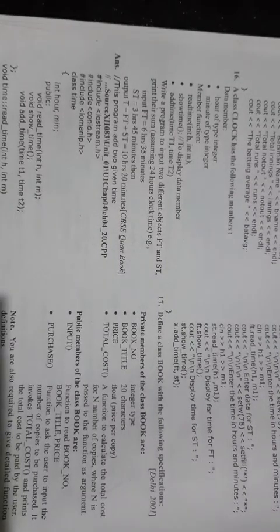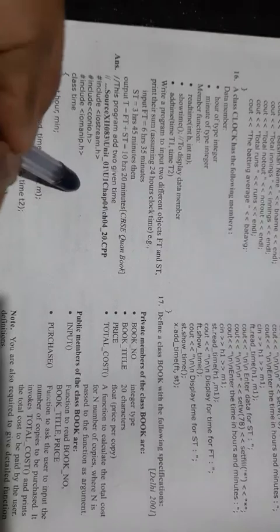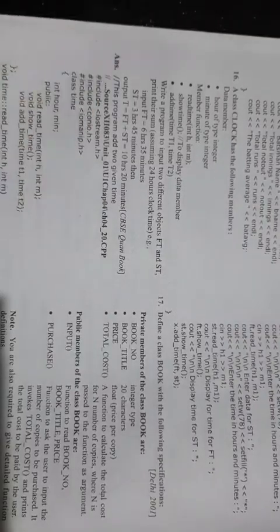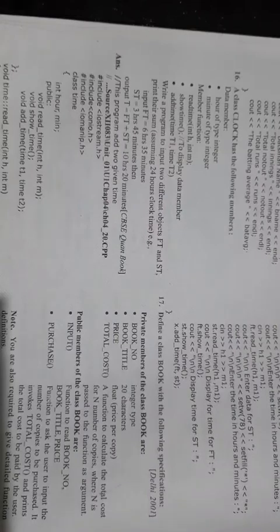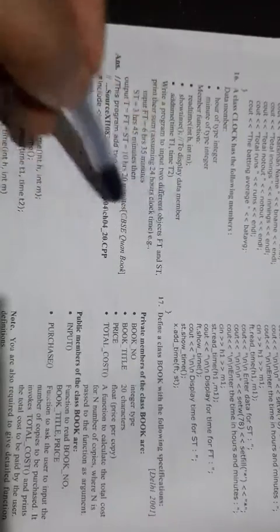Then the main program execution will start. Okay, so as per always the structure of the C++ program, you declare the variables, you enter the value, you execute the formula logic, and then you display the output, right?